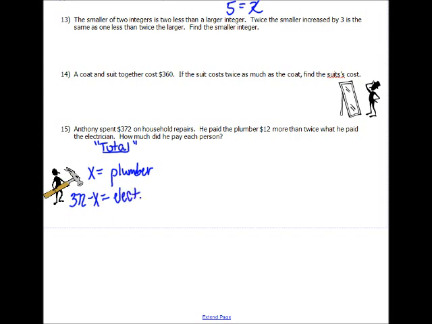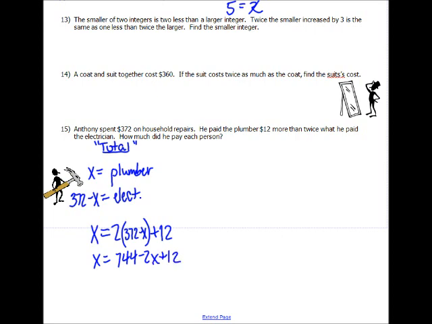And then it says he paid the plumber 12 more than twice what he paid the electrician. In that case, I would get x equals 744 minus 2x plus 12.